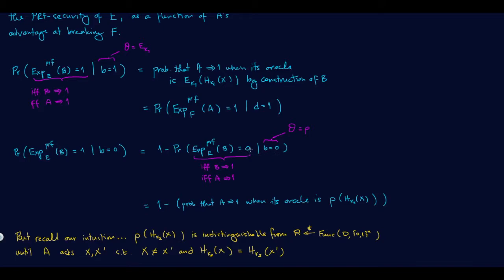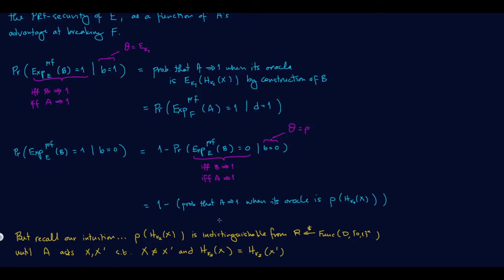The experiment outputs 0 exactly when B outputs 1, which by construction again is if and only if A outputs 1. So this probability here is exactly the probability that A outputs 1 when its oracle is this thing. And that's what we're going to need to analyze to finish this. This piece is done. We just need to get a nice bound on this piece.